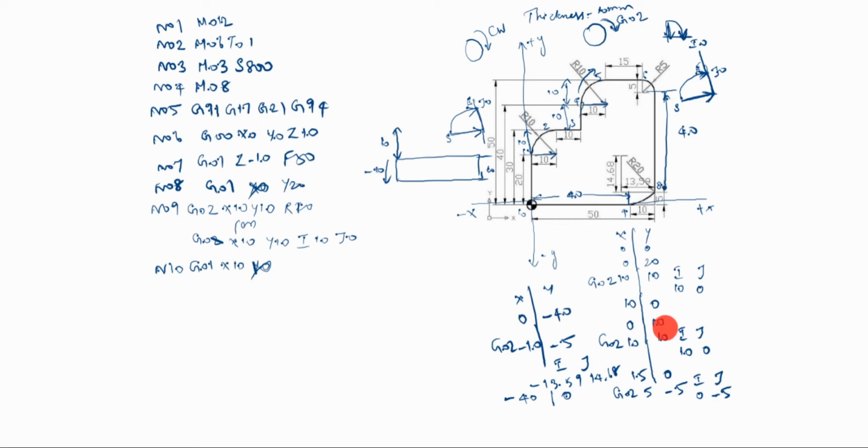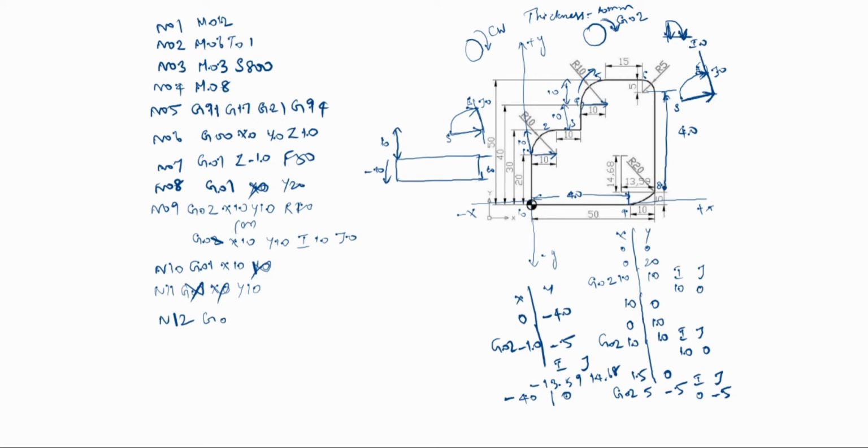So X is 0, Y is 10. N11, G01, X0, Y10. So no need to write this one. G01 we already wrote in the above case, so no need to write it again. N12. Up to here we finish. So this way is, you see, G02, X10, Y10, I10, J0 or R10.